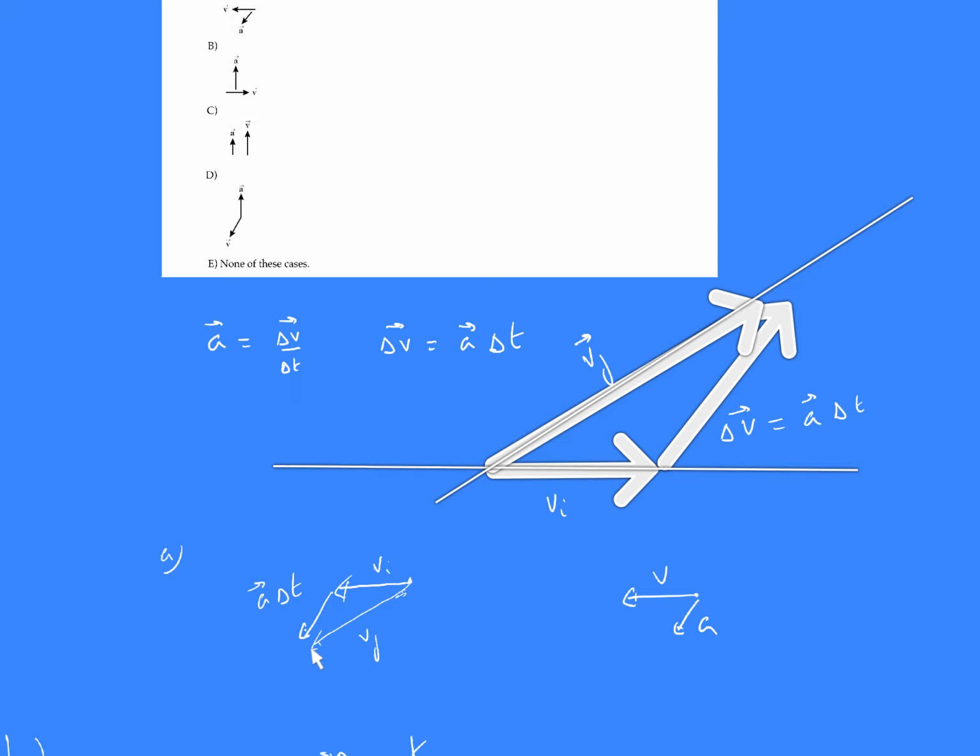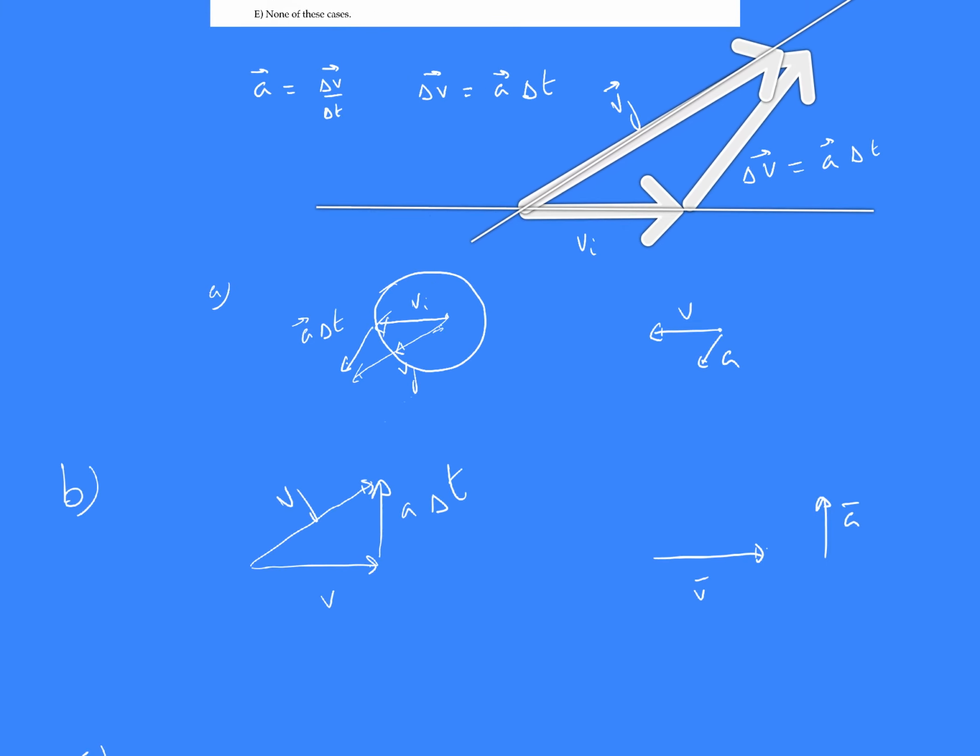So its speed will grow, the length of the vector will be bigger, and the direction will change. But the problem says that you have to find a case where the magnitude of the velocity will not change. So that means that if you draw a circle of radius v sub i, the velocity should be here in this case. Okay, let's go. So case A will not work.